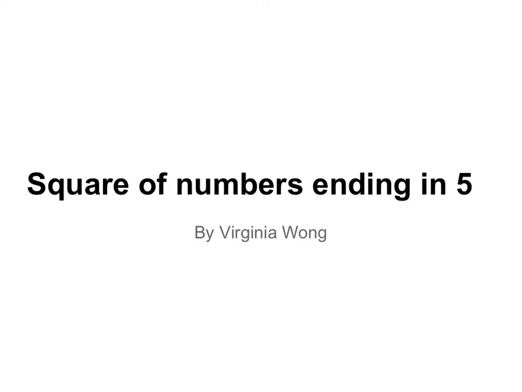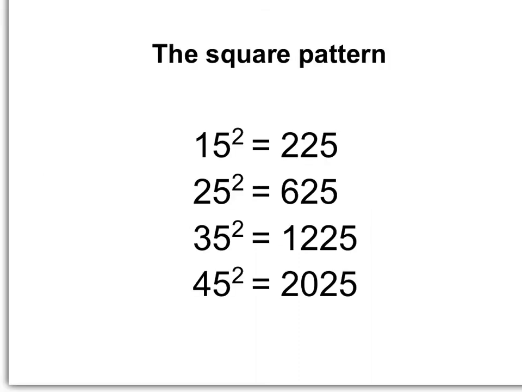In this tutorial, we are going to see how you can quickly evaluate the square of numbers ending in 5. Here I have several numbers that end in 5 and their square is evaluated. I want you to pay close attention to the pattern of the square of these numbers.